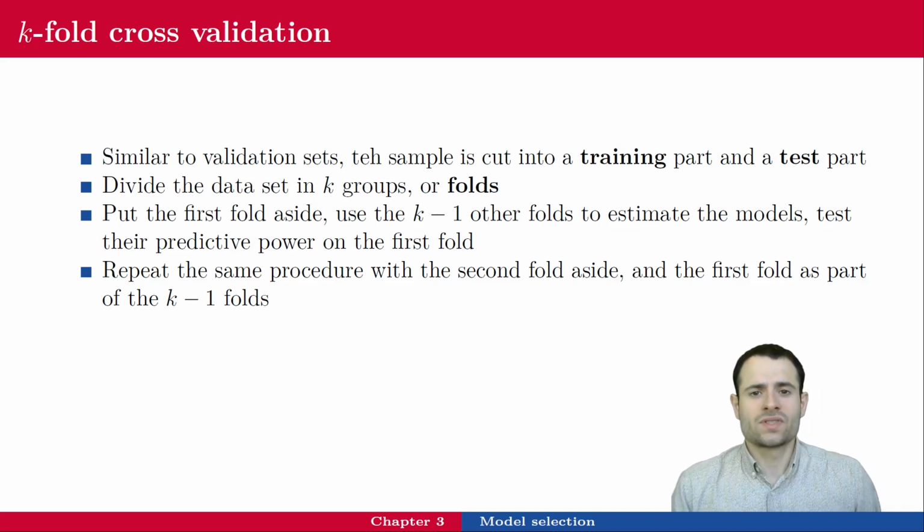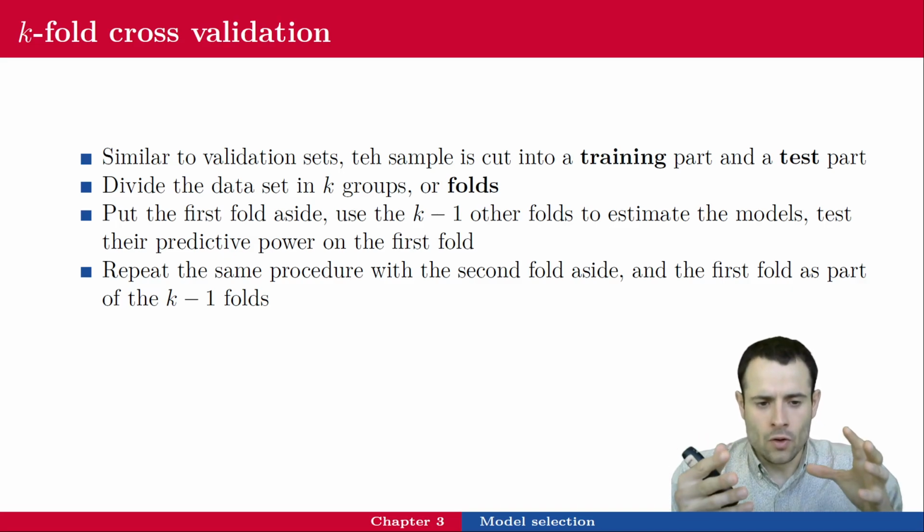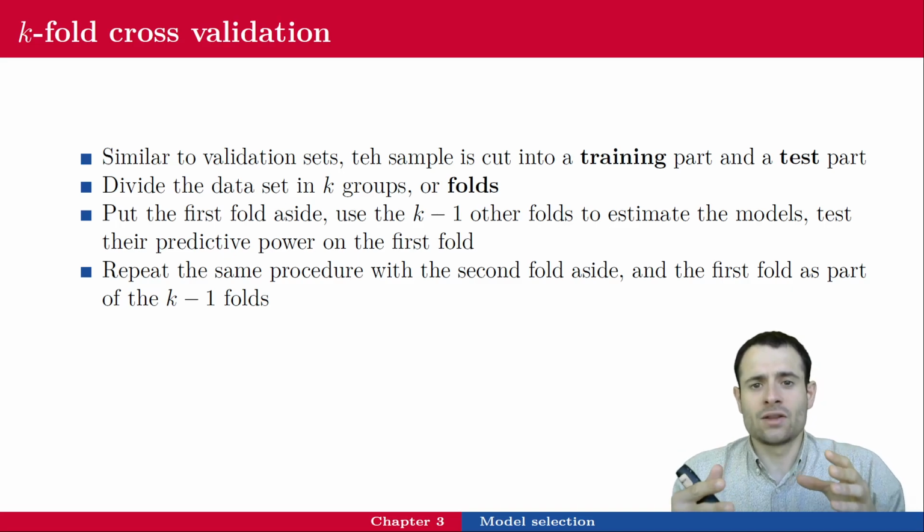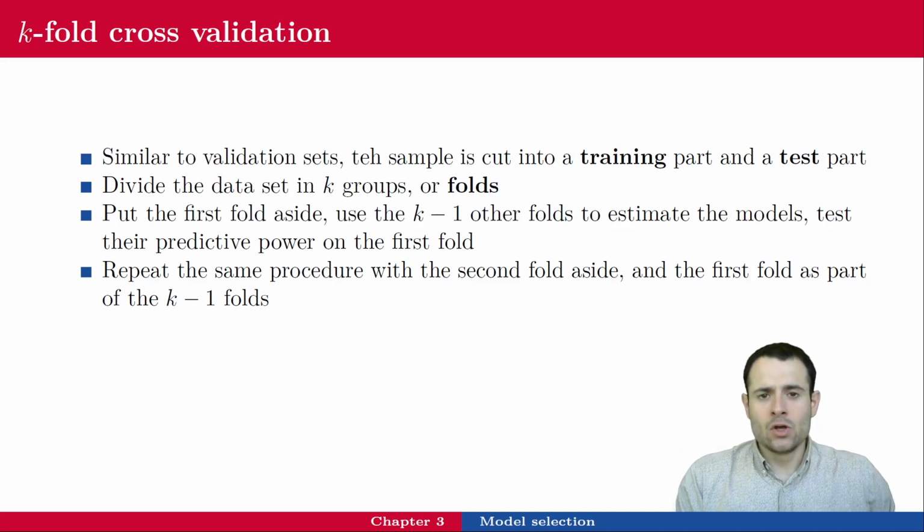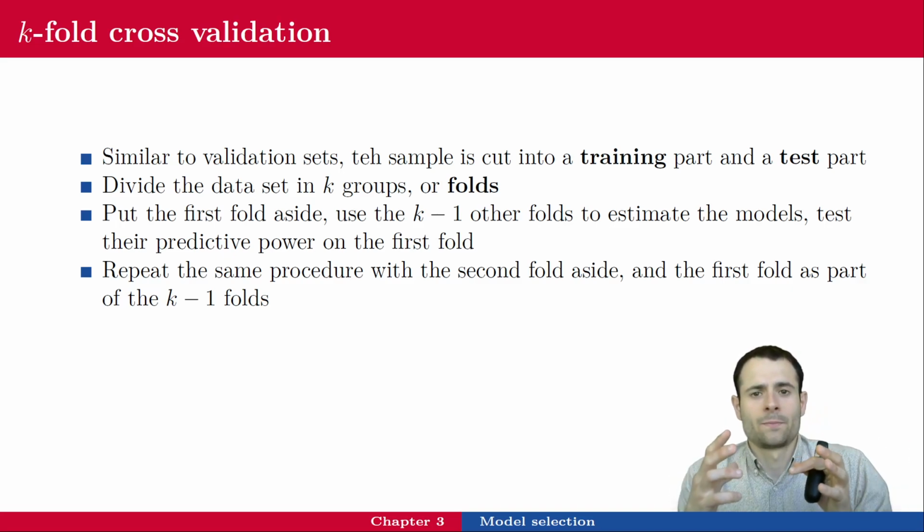Of course, in the process, the training samples will have a certain amount of observations which are exactly the same. In the first part, I used as my training the second fold, third fold, fourth, fifth, all the way to 10th together.